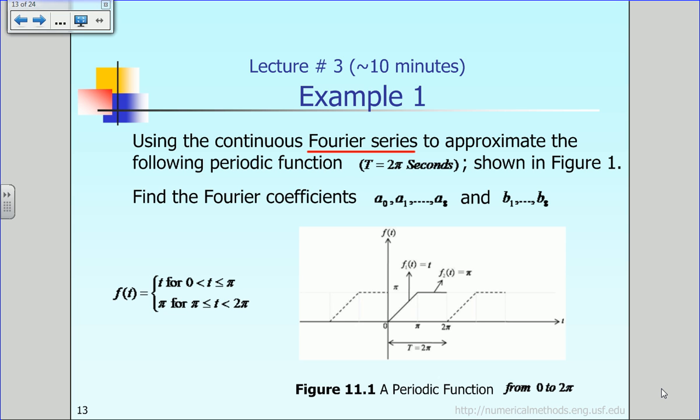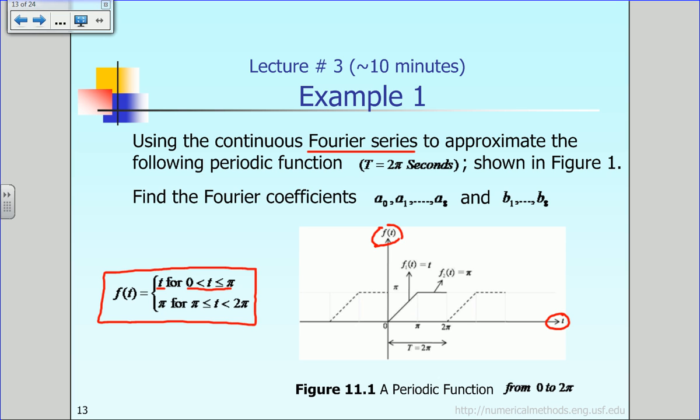Now, if you take a look at figure 11.1, we can see the horizontal axis represents time, and the vertical axis represents the periodic function f of t, which is given. This periodic function f of t is defined according to this formula, which basically says if the time t is between 0 and pi, then the function f of t is equal to t.